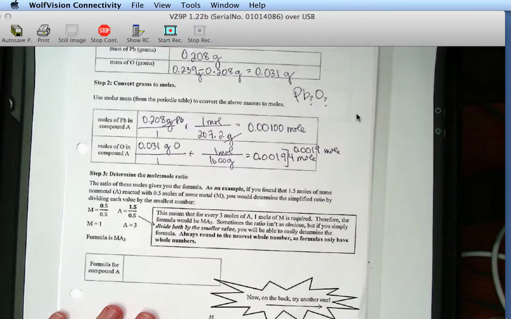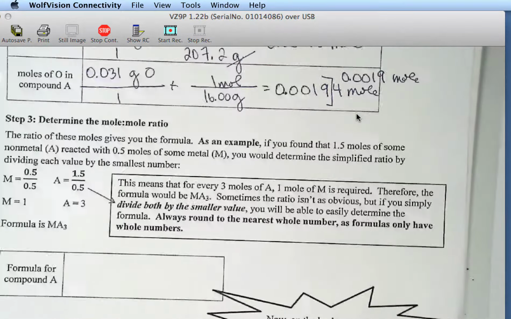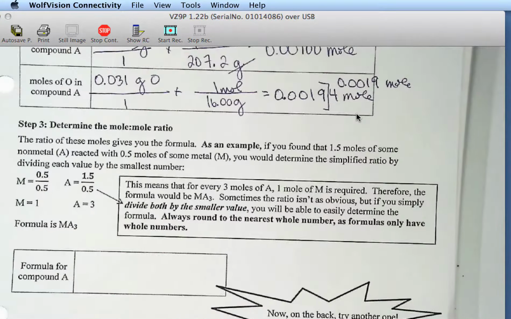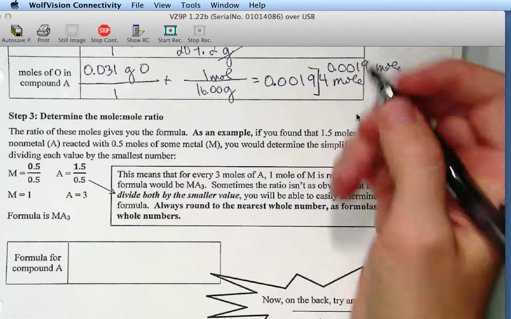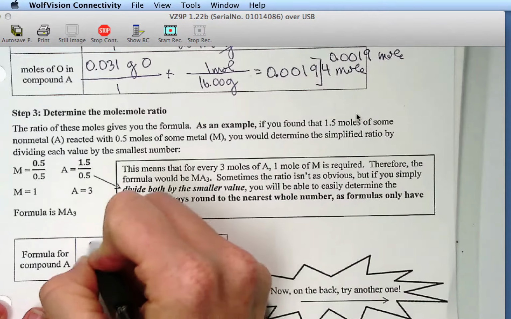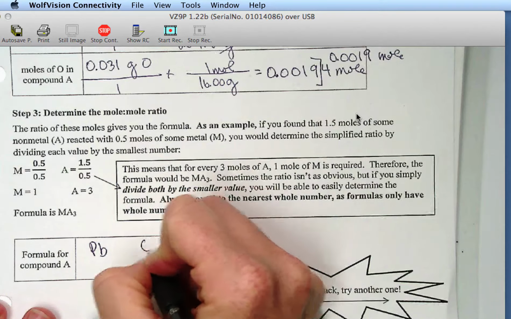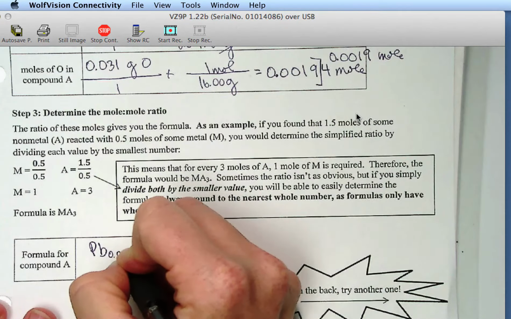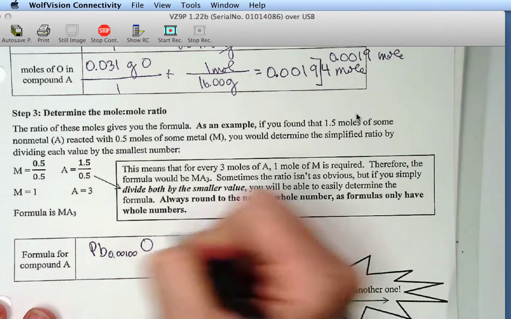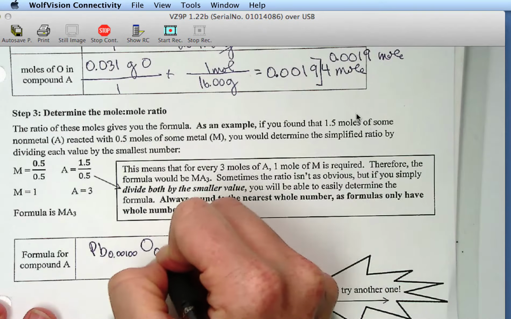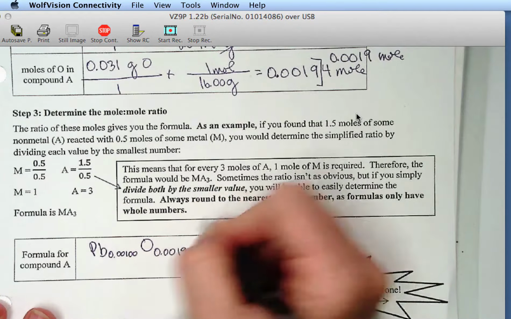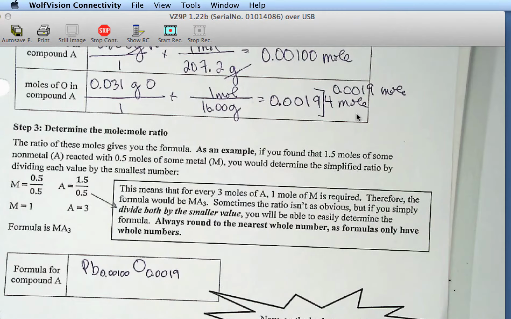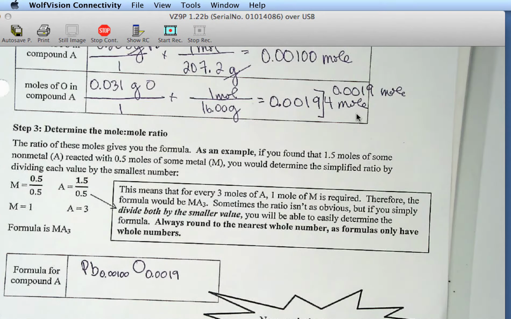Okay, now this part, determine the mole-mole ratio. This is just because you cannot have a formula of Pb with decimals. Right now you have 0.00100 for lead and for oxygen 0.0019. You've never seen any crazy formulas like that, right?